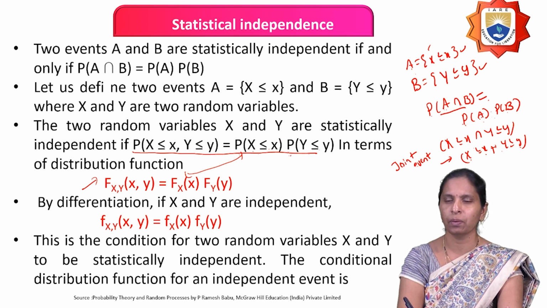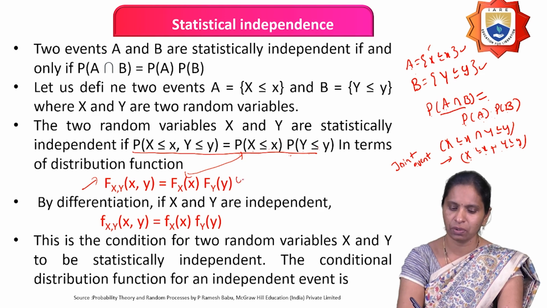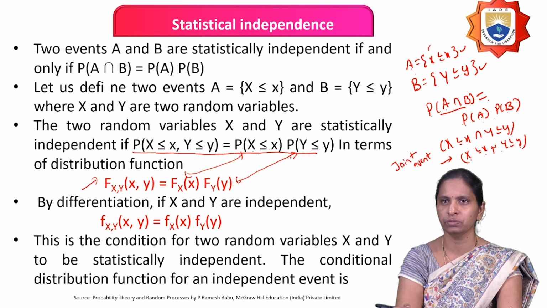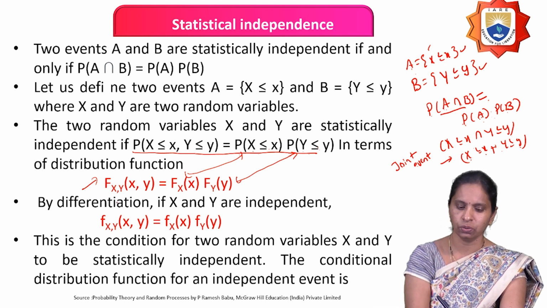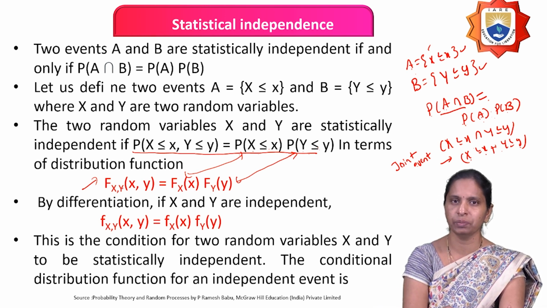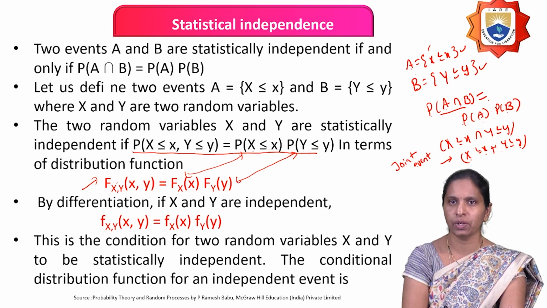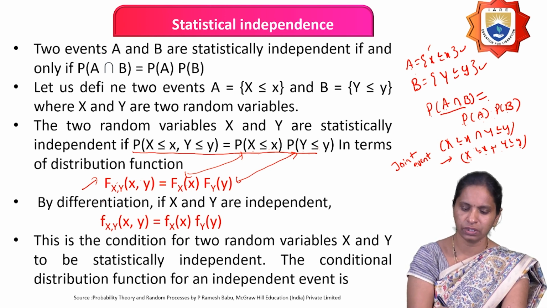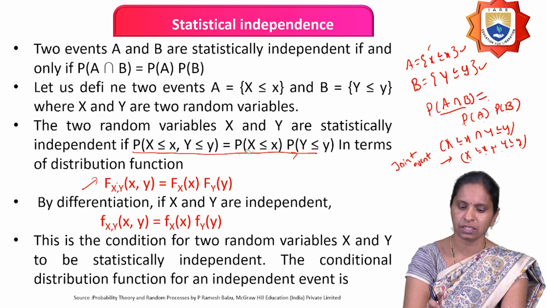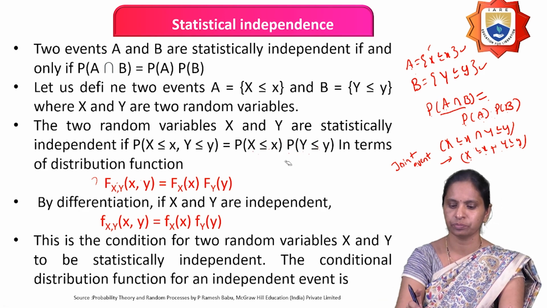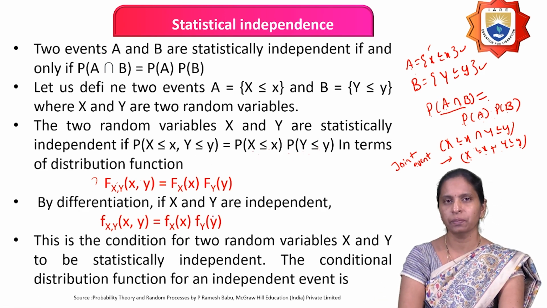Nothing but the probability that the random variable Y takes values up to the value of y, which is called the distribution function of the random variable Y. Therefore, the two random variables X and Y are said to be statistically independent if the joint distribution function is equal to the product of the marginal distribution functions of the random variable X and the random variable Y. So this is the condition for statistically independent random variables.